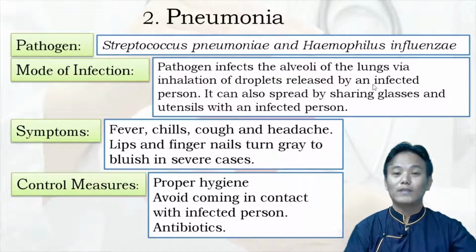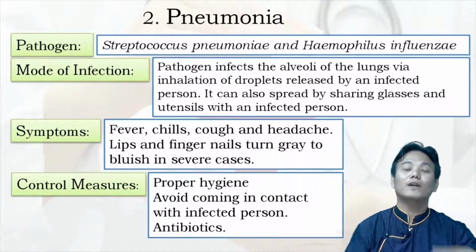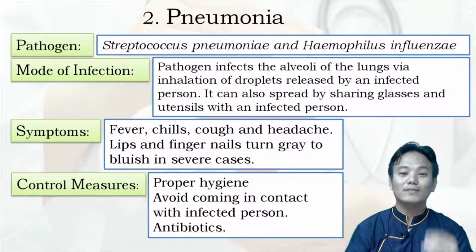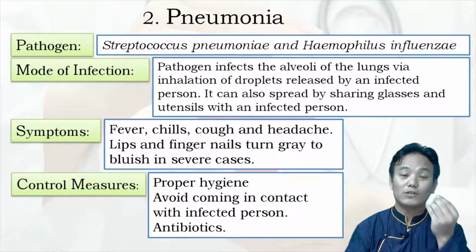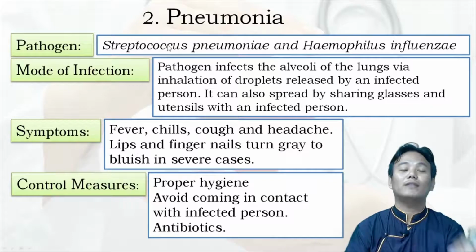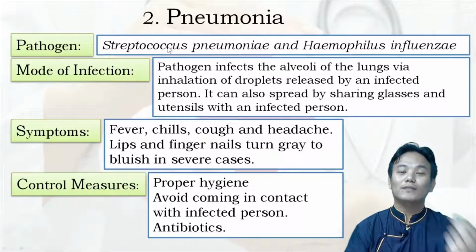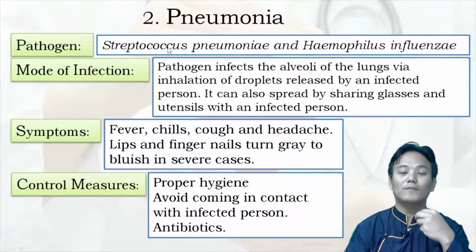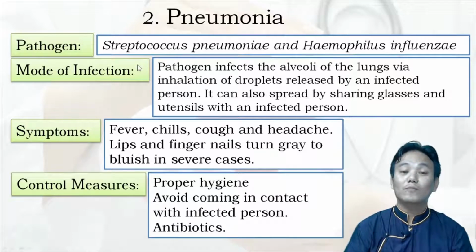If there is an infected person nearby and he coughs or sneezes, he releases droplets, and the droplets contain the pathogen. If we inhale that air, the pathogen enters our body, and that's how the pathogen spreads from person to person.